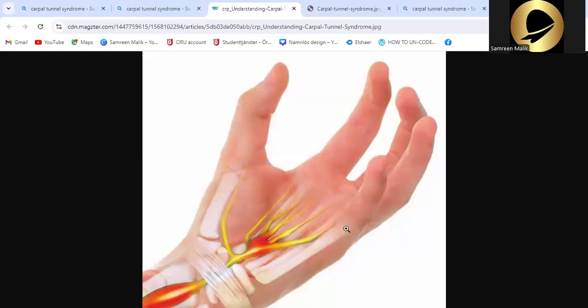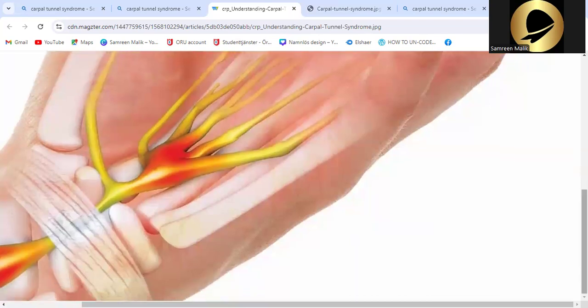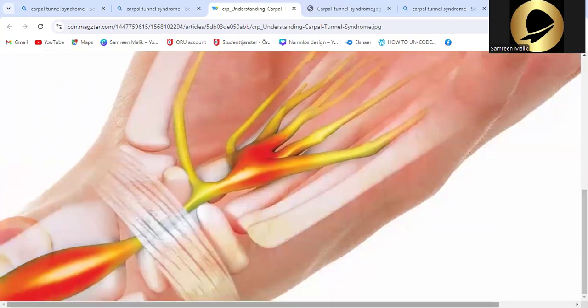Actually, if I may show you what happens, they say carpal tunnel syndrome is a continuous and progressive condition which causes pain, and I'll tell you how it's presented.